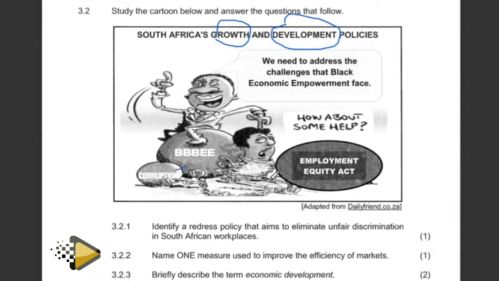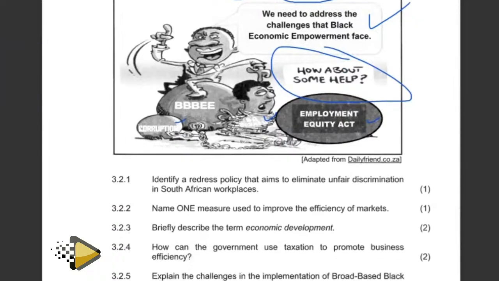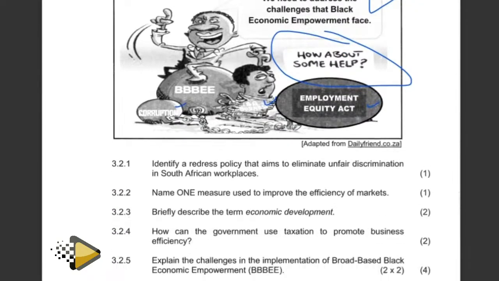This is corruption, and then we also have the Employment Equity Act, and then we also have South African businesses. Also, how about some health? So we have this given set of messages. Okay, grade 12, know that before you can even jump into answering any question, you should always make sure that you understand the message that is actually being portrayed by the given cartoon.